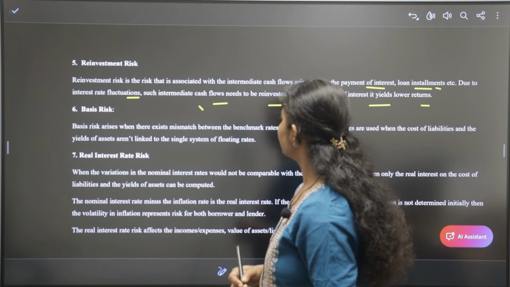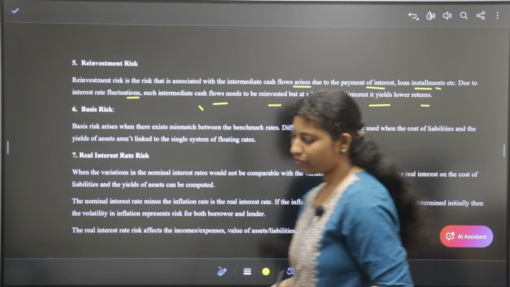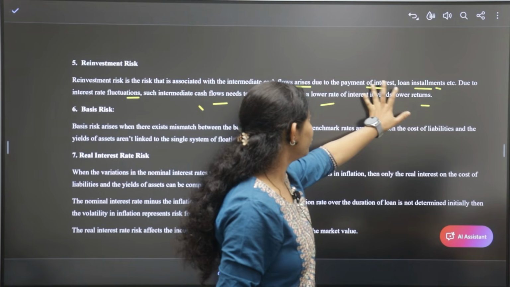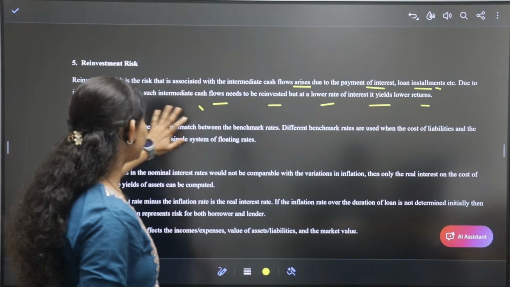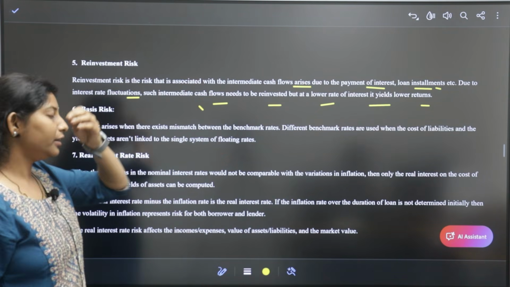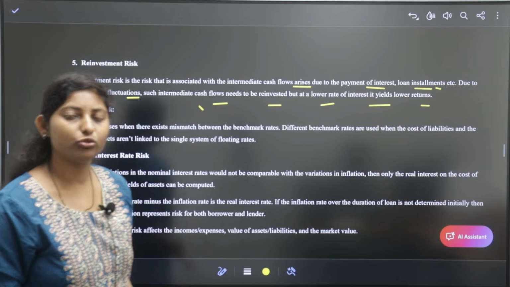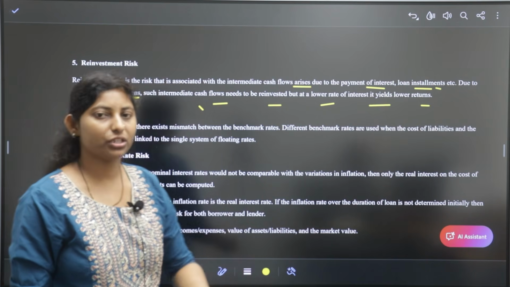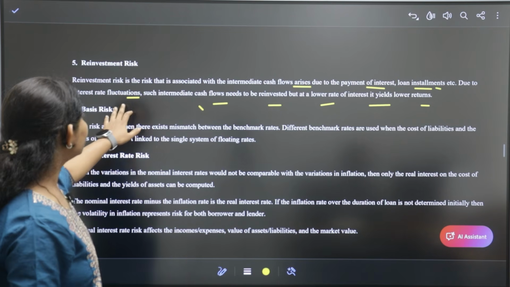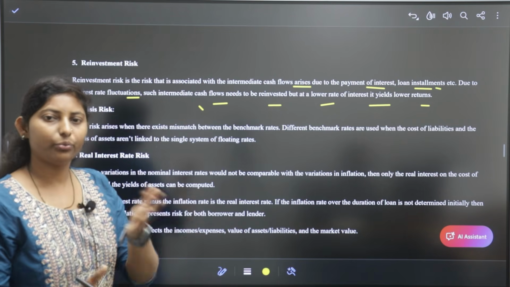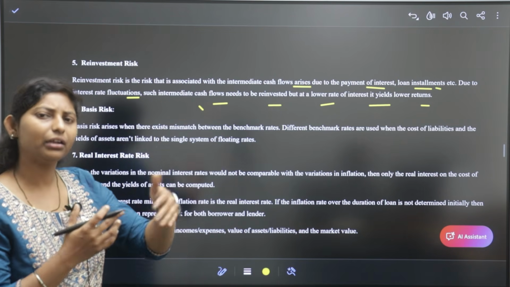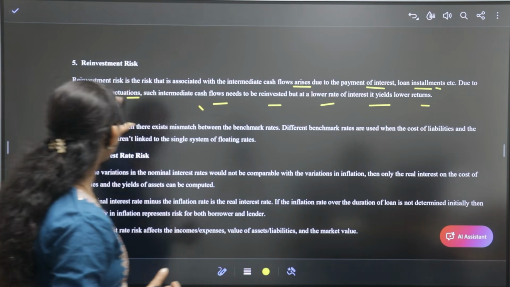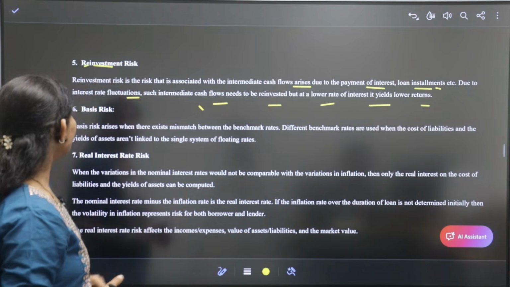From our intermediary cash flow we need to make payments for interest, loans, etc. So where interest rates fluctuate in the future, we do payments for such loans, and again in the future we can buy at a low interest rate with high returns. So for that we go for reinvestment risk.